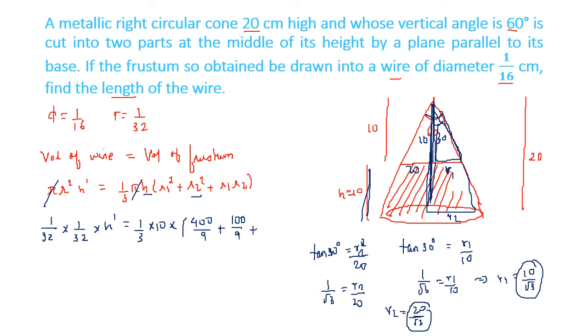So 20 into 10 is 200. Below is 3. So it won't be 9, it will be 3 because it is root 3 into root 3. So we have to keep it 3.